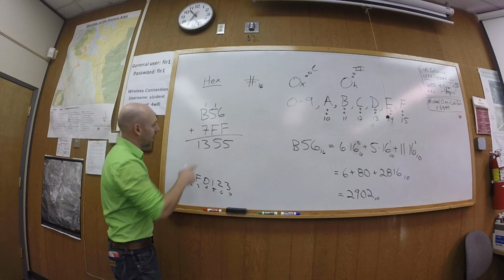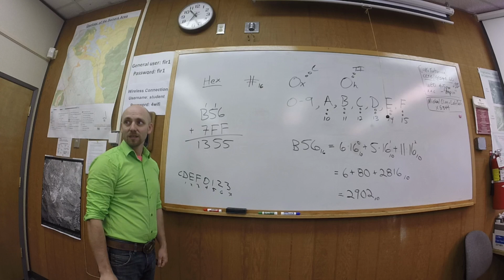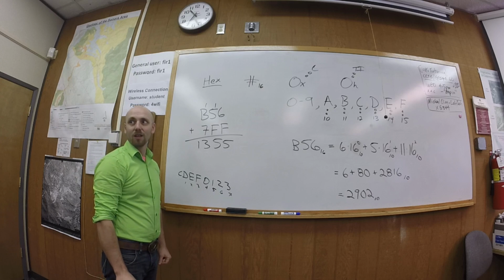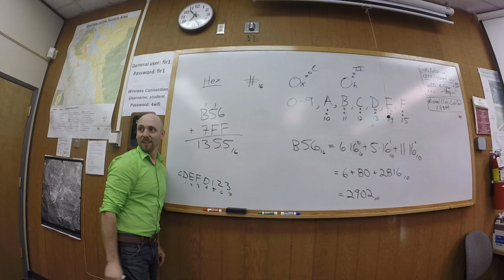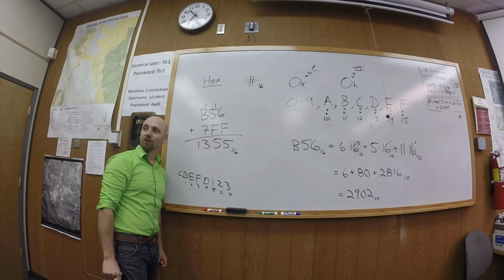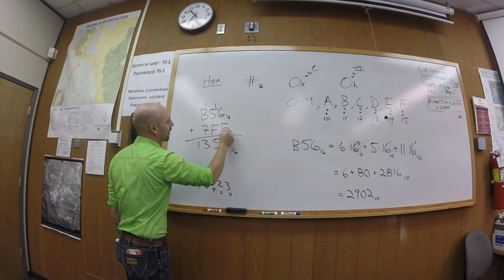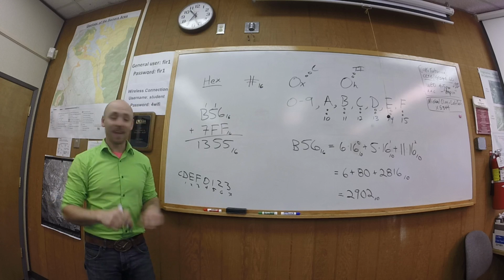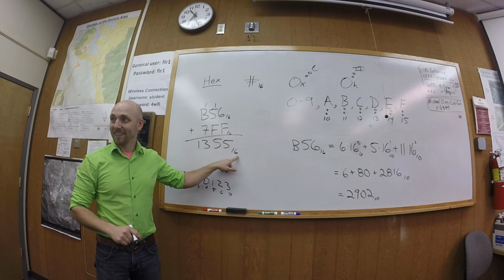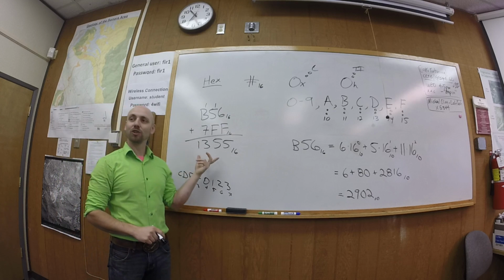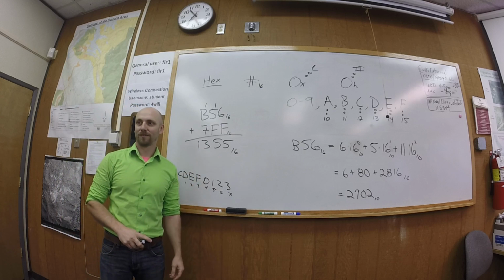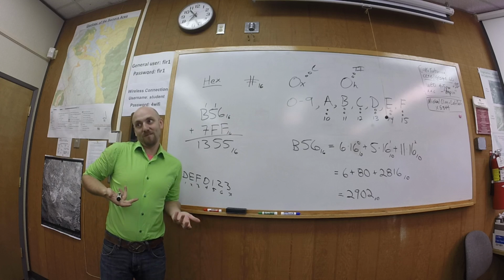Okay. And this number here is base 16. I did this addition in base 16, so the result should be base 16. And this is why you want to make those marks, right? Because if you're telling somebody, dude, when you add those two numbers, you get 1355, 1355 what?